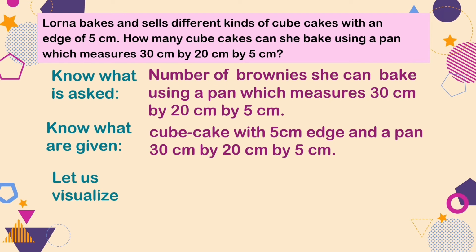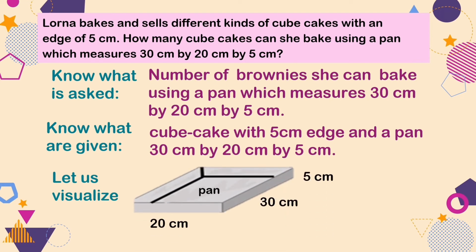First, let us visualize the pan. So, here is the pan. It has a dimension of 30 by 20 by 5. And a cube cake with an edge of 5 cm.